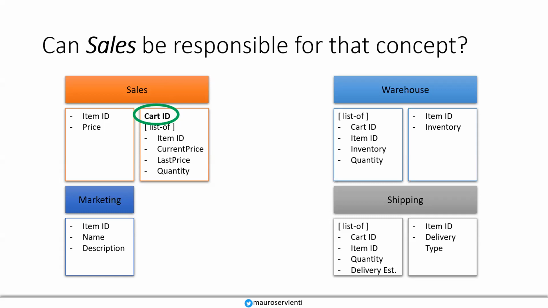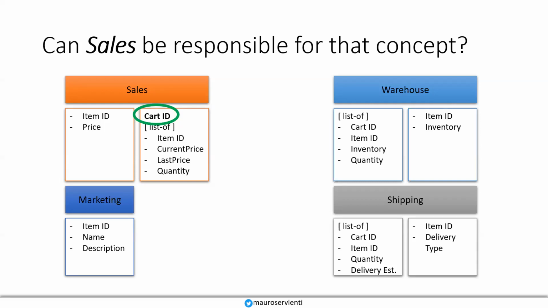So is the fact that there's something in the shopping cart owned, logically, from the business perspective, by warehouse, shipping, marketing, or sales? Probably the answer is sales. So it makes sense that in this kind of virtual master-details relationship, sales is the master.